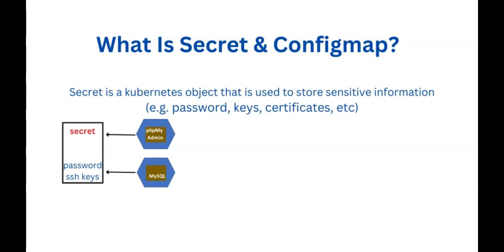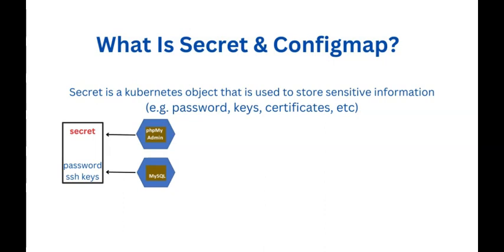In other words, the secret which is going to be referenced by other resources needs to be created before creating other resources. So let's say you have applications like MongoDB, MySQL, or some other applications that need to be deployed with sensitive information such as SSH keys, sensitive configuration files, usernames, passwords.